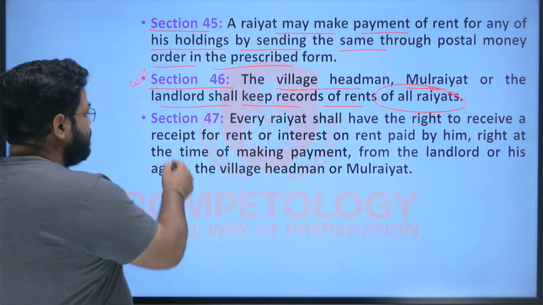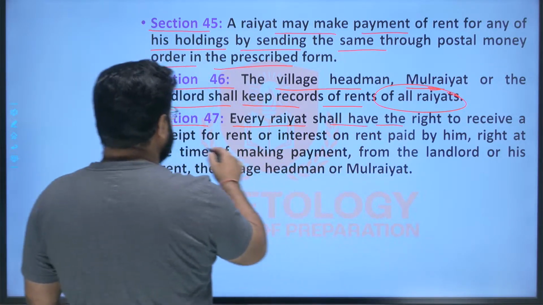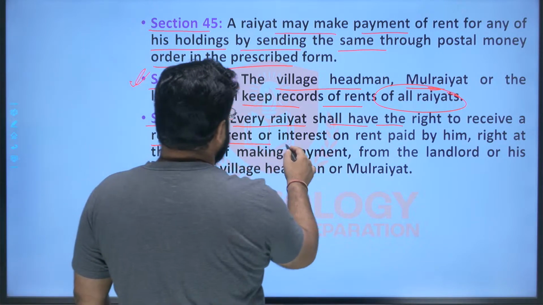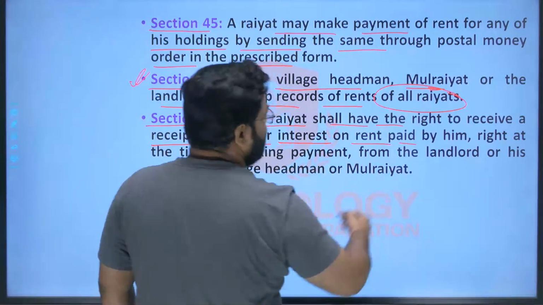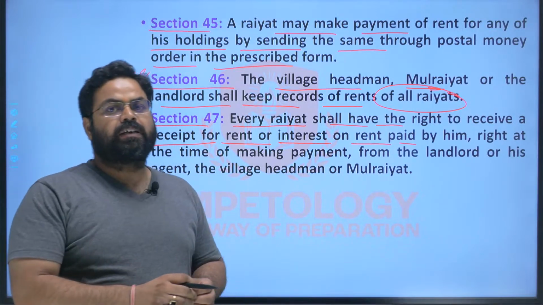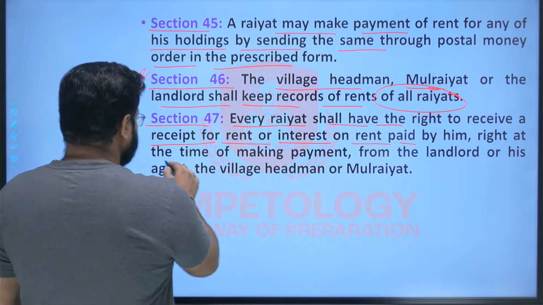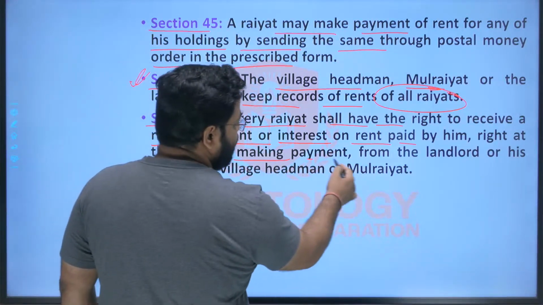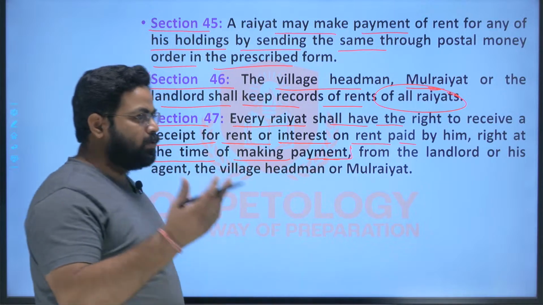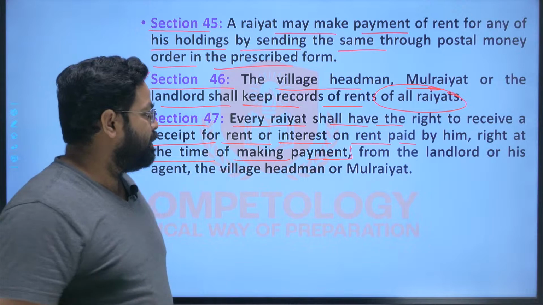Section 47 says that every Rayyat shall have the right to receive a receipt for the rent or the interest on the rent paid by him. So you will get a receiving that you have paid the rent. That is a kind of acknowledgement. And right at the time of making the payment, you will have to ask that give me the receipt. You have to demand it immediately at that time, right?